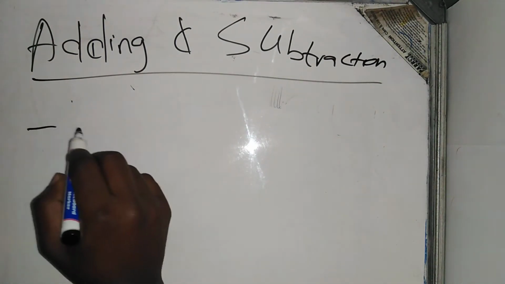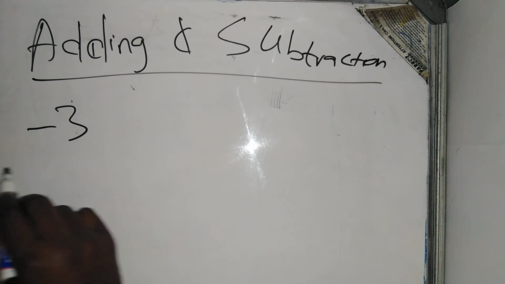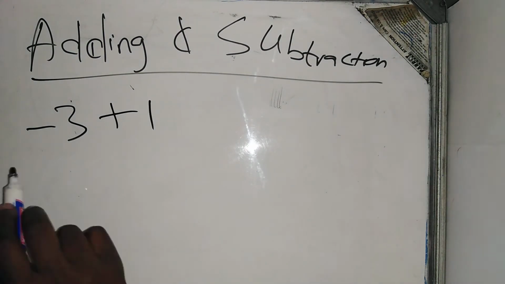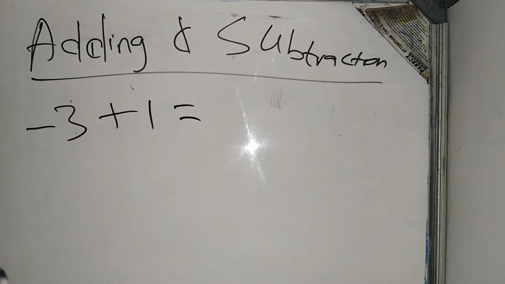Now let's go back to what we had. We had minus 3 plus 1. Okay, this is the first problem that we want to evaluate. And then let's look at another one.